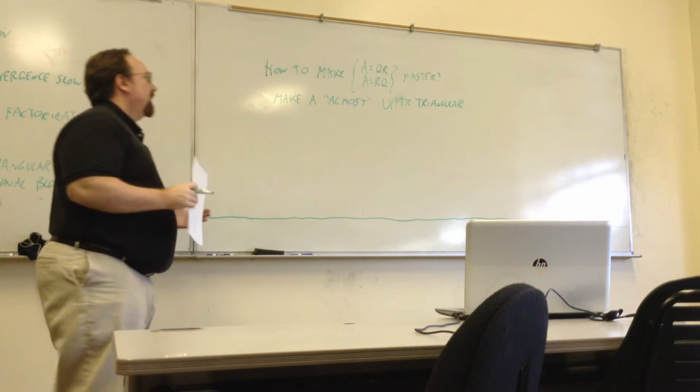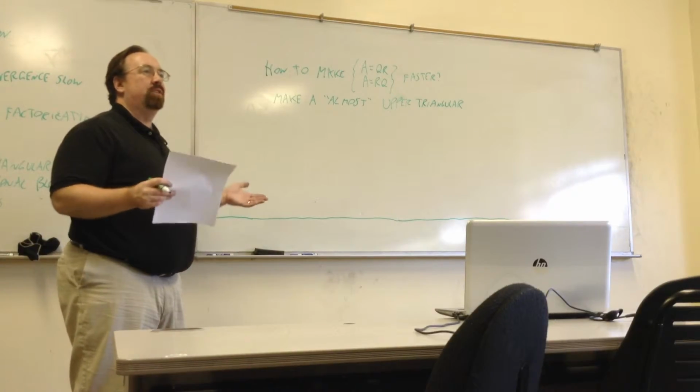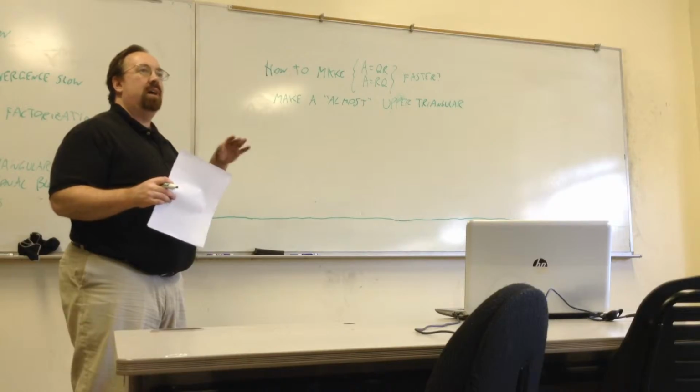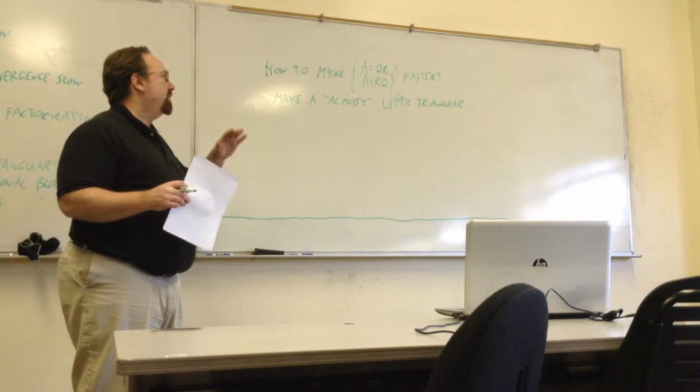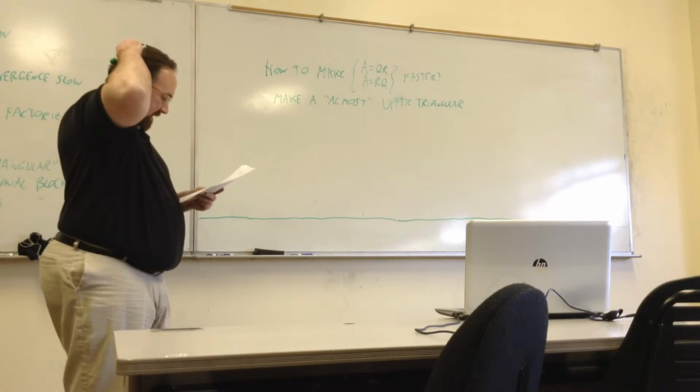Because that way, QR factorization has less work to do, because QR factorization's job is to zero out all entries below the diagonal. If there aren't as many entries, then there's less work to do.